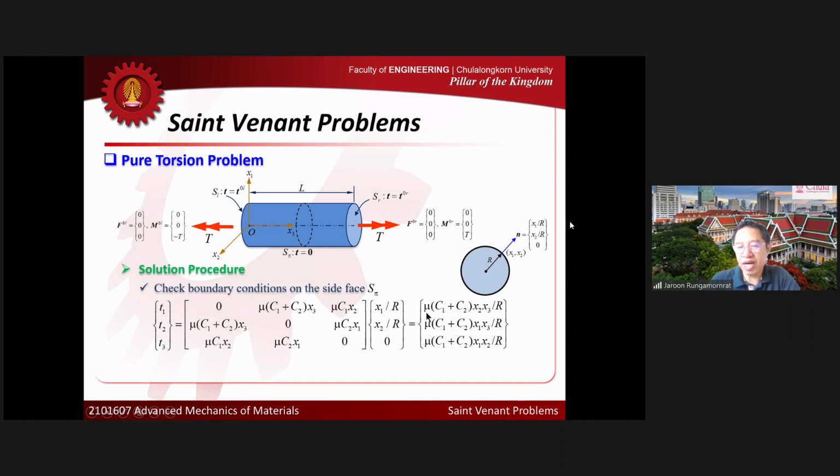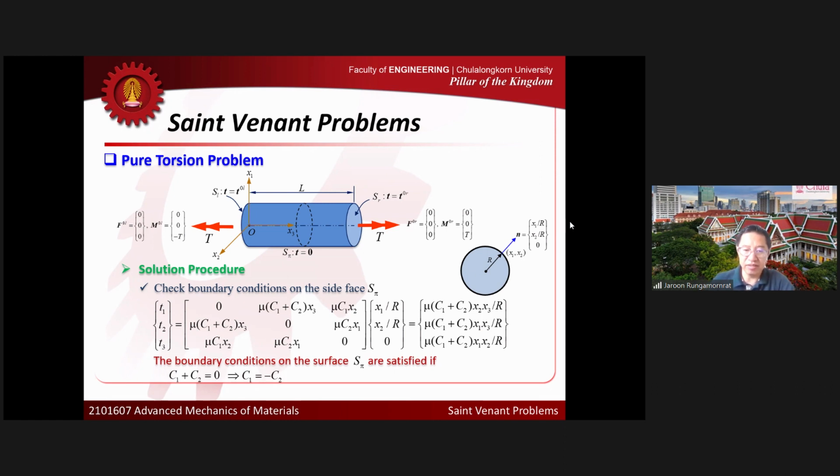Because the material constant is not 0 and the coordinates here are arbitrary, the only way the whole thing disappears is if C1 plus C2 is 0. So the boundary condition on the side face can be satisfied if C1 and C2 are not independent, but C1 plus C2 has to be 0, or I can say that C1 is simply the negative of C2.